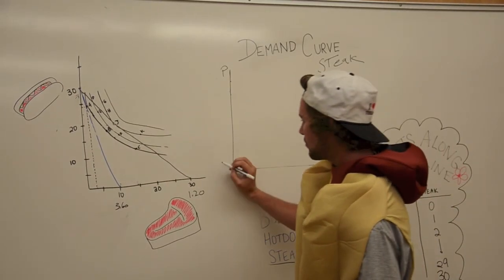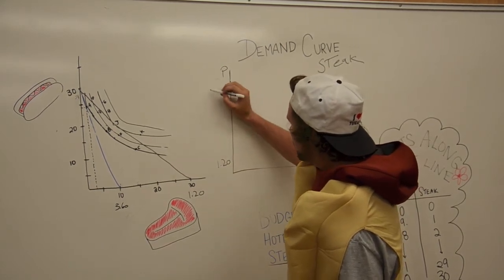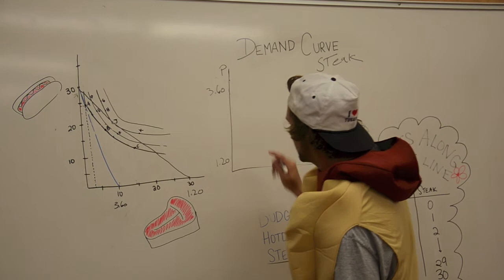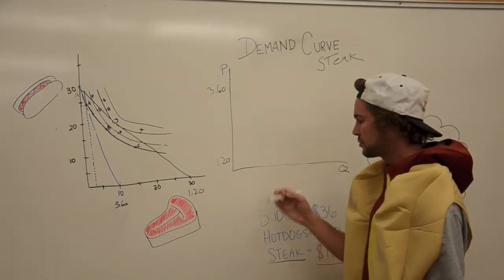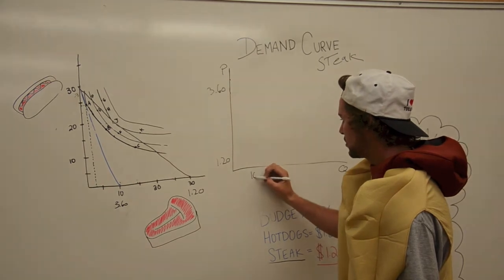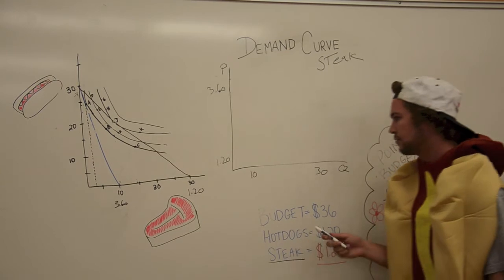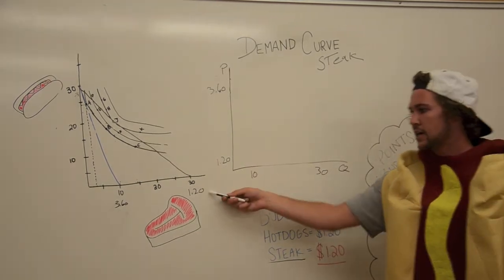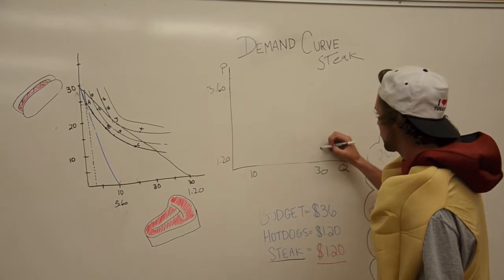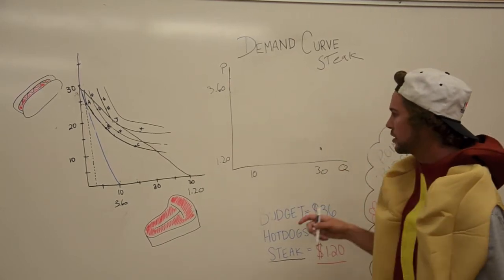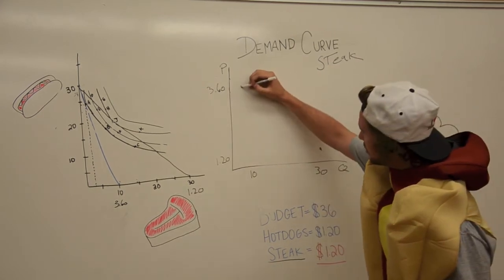So at the price of 120 and the price of 360, the quantity of our intake of steak is 30 and 10. At the price of 120, we decided that we would intake 30. So we're going to point right here, the price, quantity. And at the price of 360, we only intake 10.